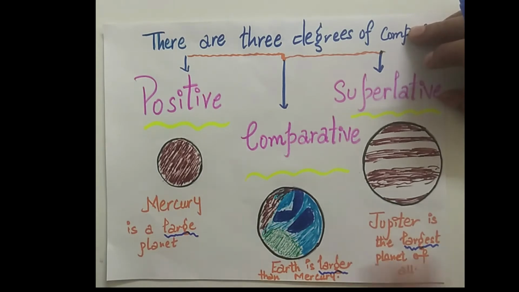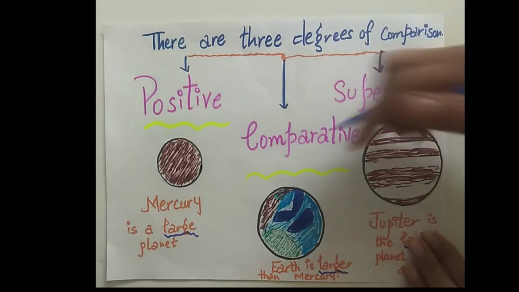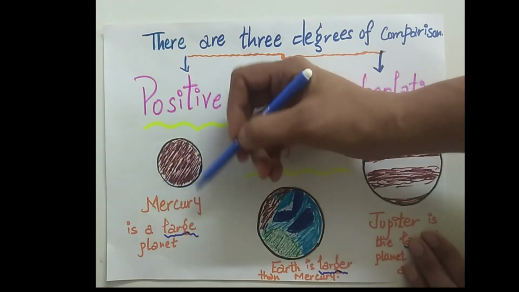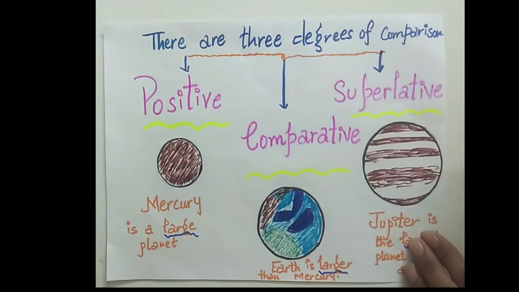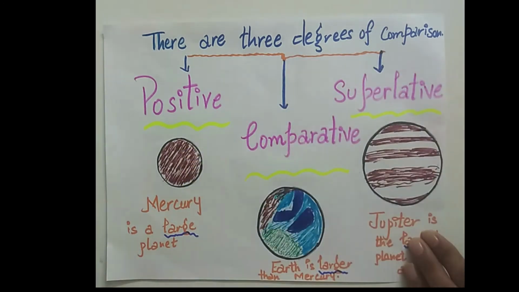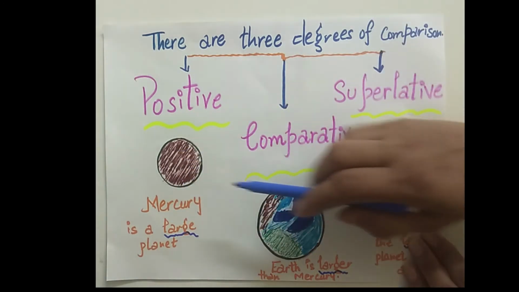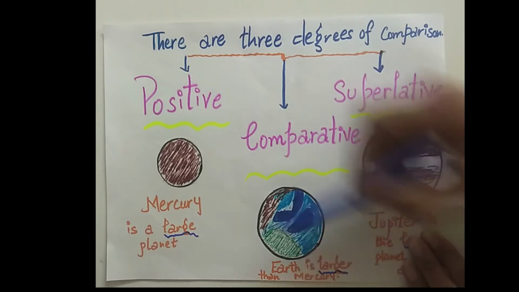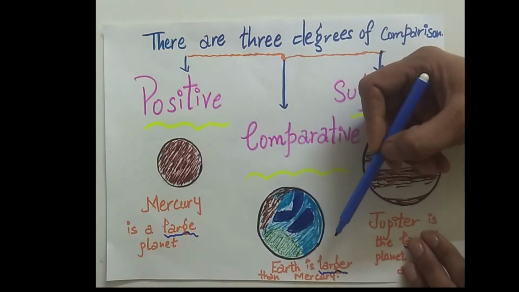Now I will tell you one thing more. The word large, which I have written under the planet Mercury, is in the positive degree and there is no comparison made in this degree. The word larger is in the comparative degree. There is a comparison between Mercury and Earth.